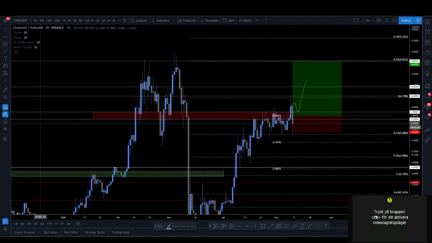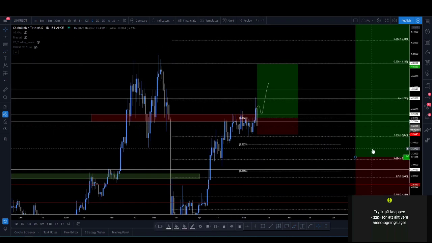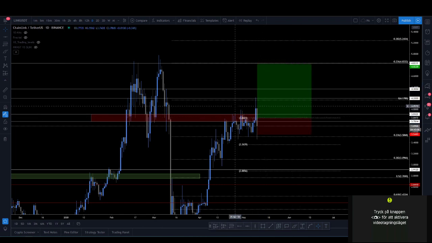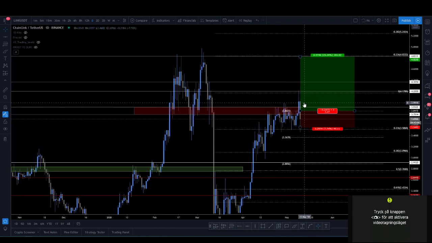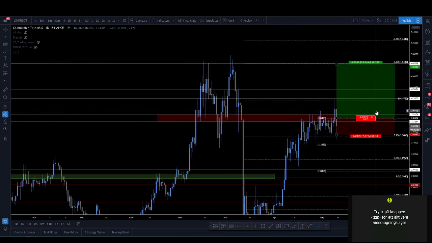So I wanted to see a daily open and close above here. I would then long the first retest. We got a very classic fake out on a daily, and this is the reason why I wait for daily open and closes if you're trading after daily. If you wait for a daily open and close, the chances of you getting faked out is much smaller, right?